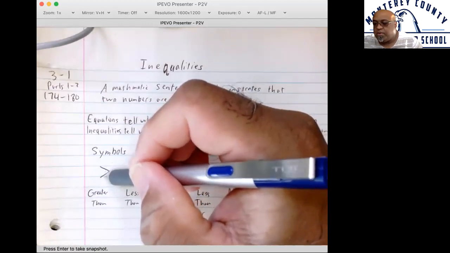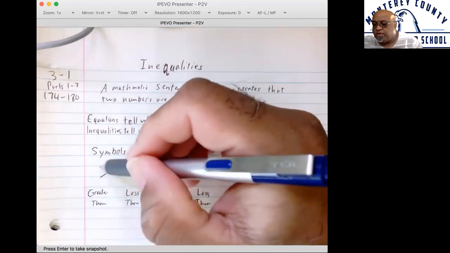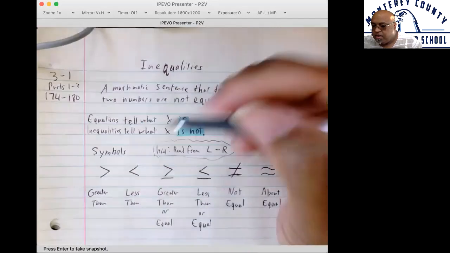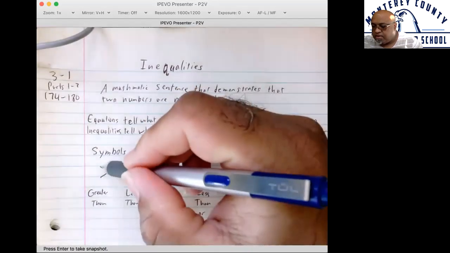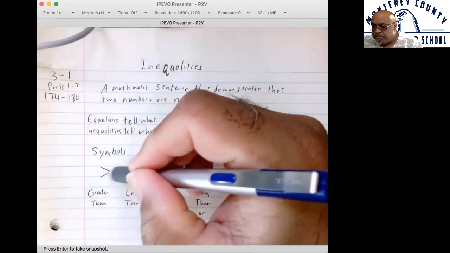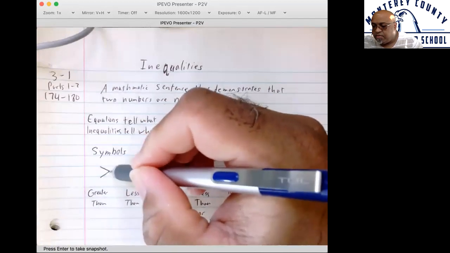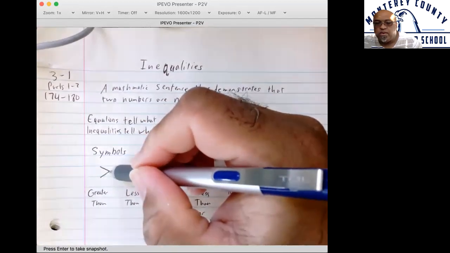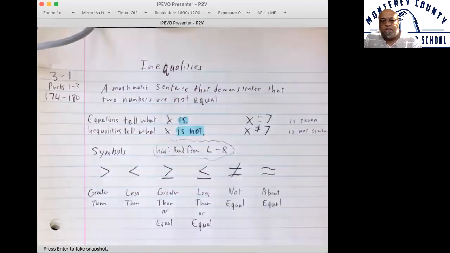Okay, so the bigger thing is the one that the open side is facing to. She also taught me that the small side, or the one that's facing the point, is like a witch's nose, and the witch is making fun of a very small child and pointing at it saying, look how small you are, look how small you are.